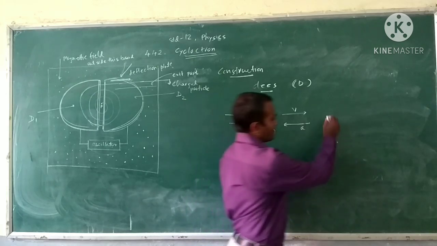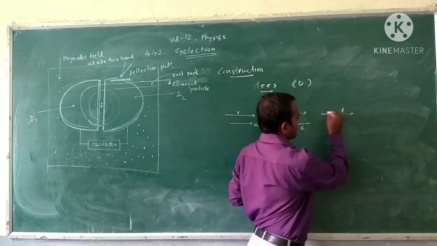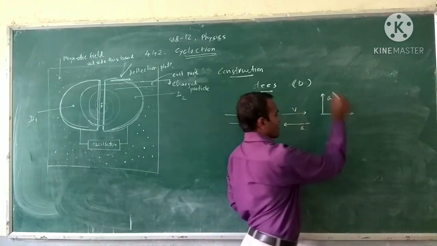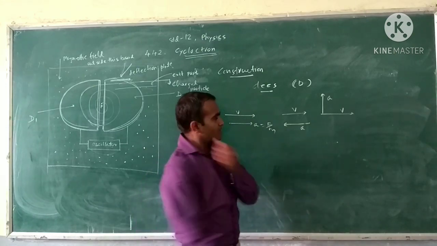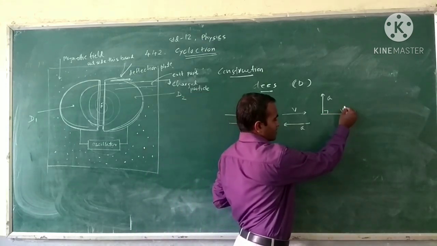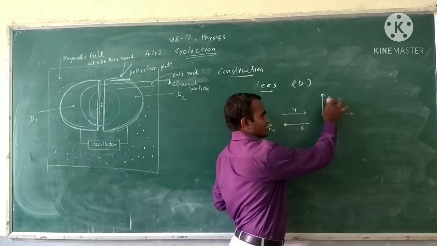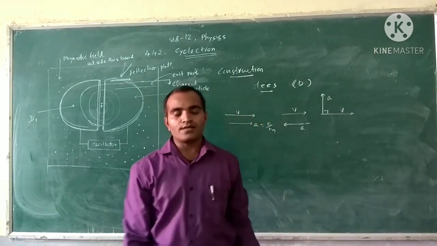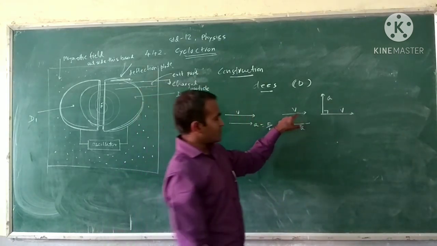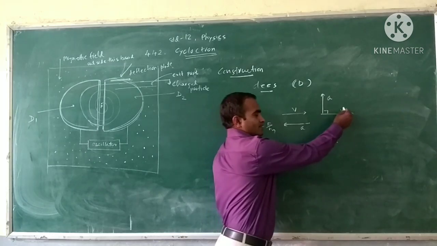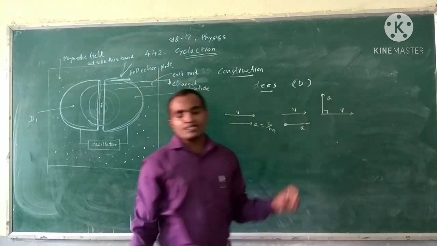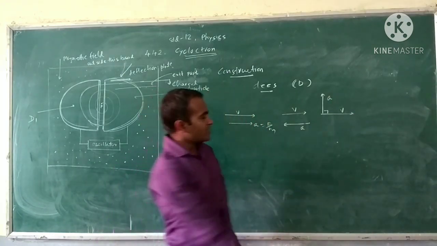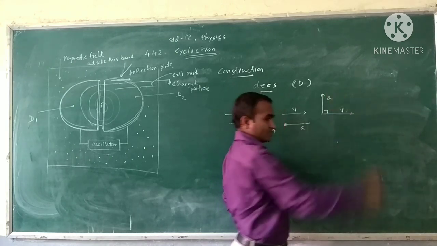But what happens when velocity and acceleration are perpendicular? In this case, the value of velocity will not increase or decrease, but its direction will be changed.